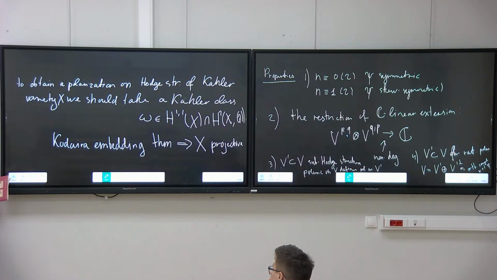And for weight 2 Hodge structures, we will discuss what we have for a K3 surface, what is its Hodge structure, and then we will state the global Torelli theorem, that is a statement that a K3 surface is completely determined by its weight 2 Hodge structure.